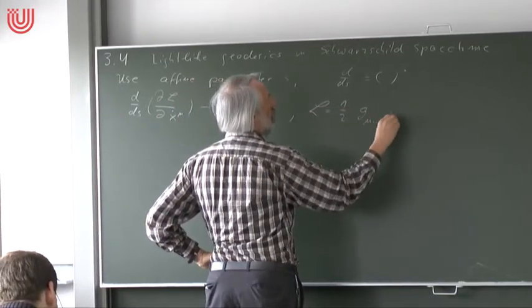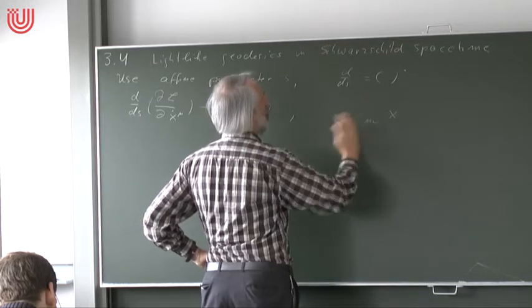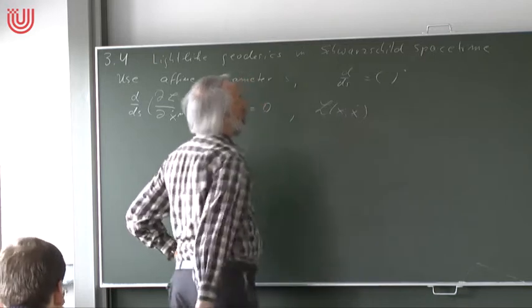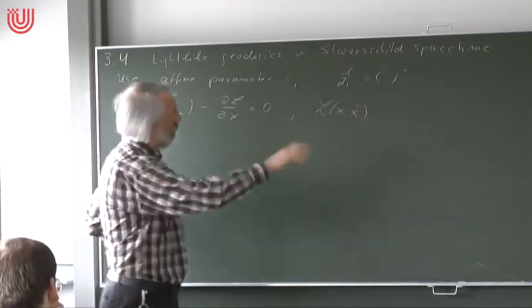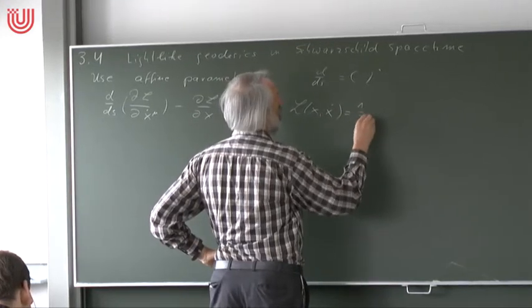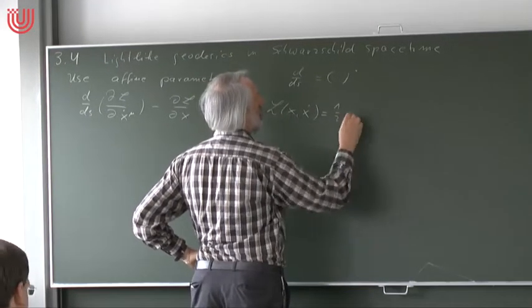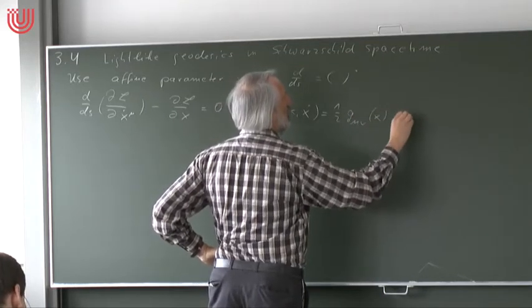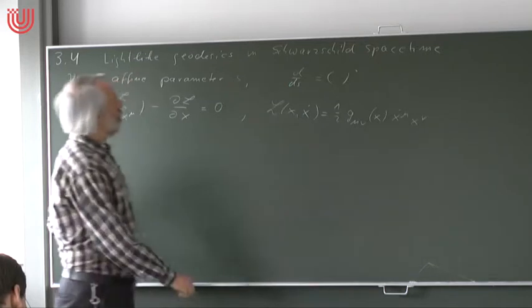which is, maybe I should write the arguments. So the Lagrangian depends on the points in the base manifold and in the tangent space, and this is 1/2 g_mu nu x^mu dot x^nu dot.